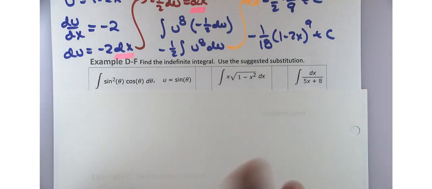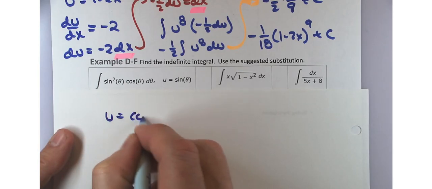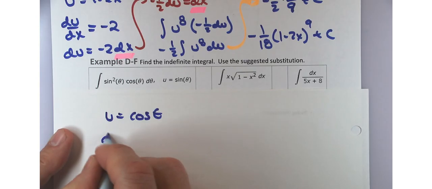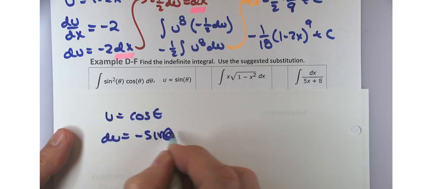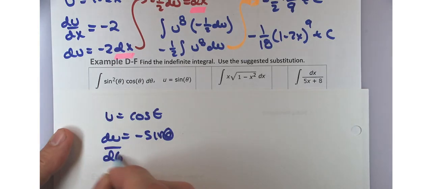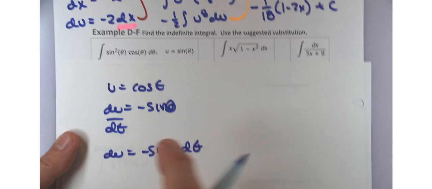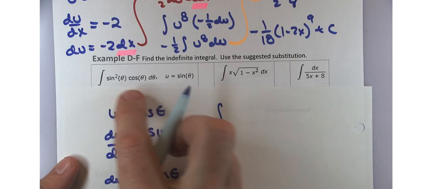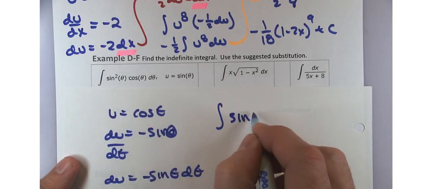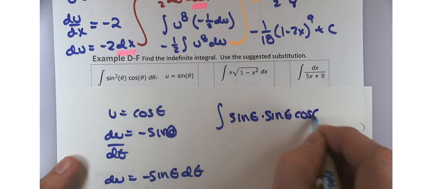Don't copy this down. If I did say u equals cosine of theta, du equals minus sine of theta d theta. But when I try and do my substitution, well, sine squared, that's sine of theta times sine of theta.